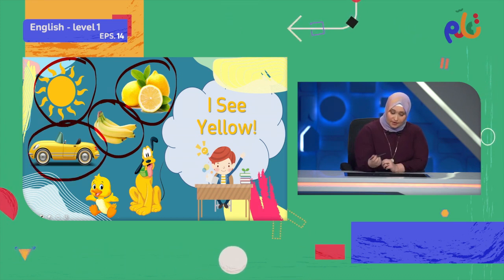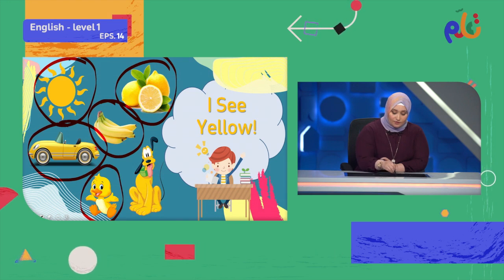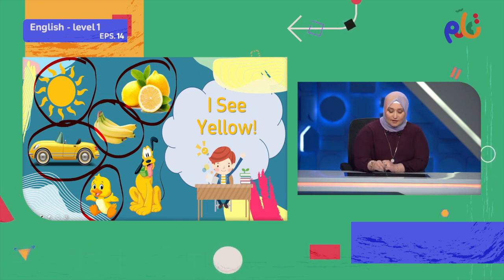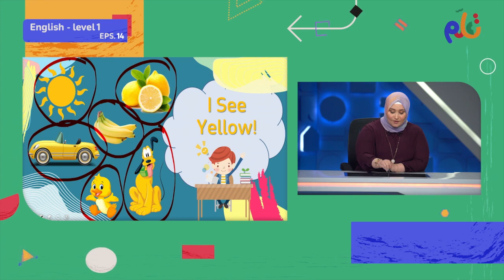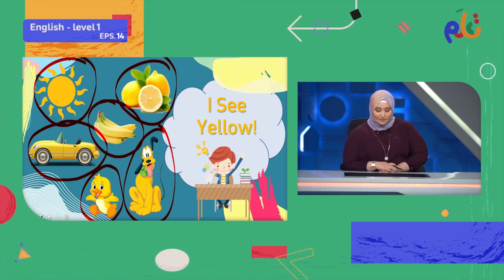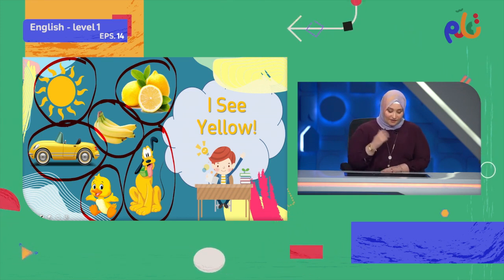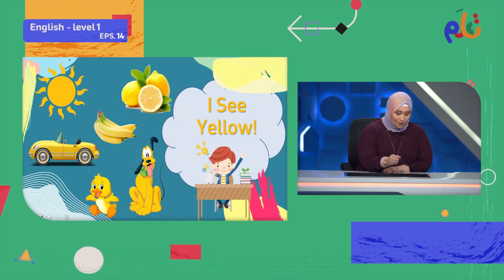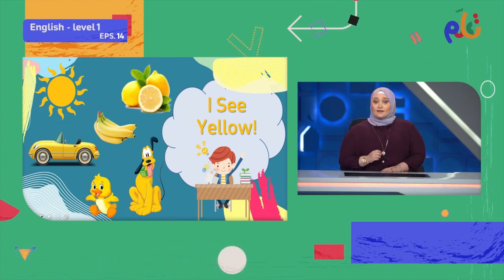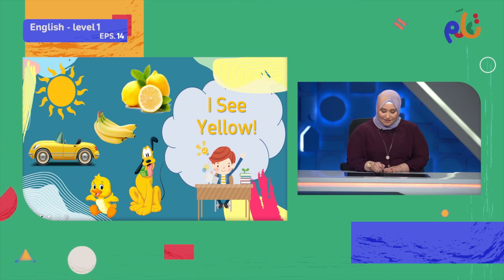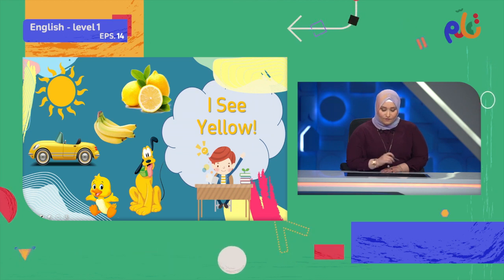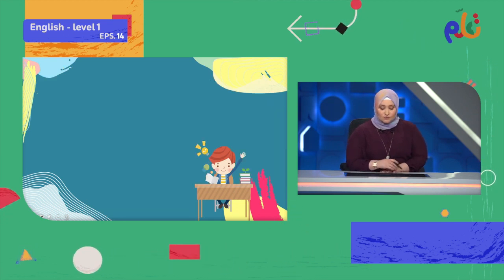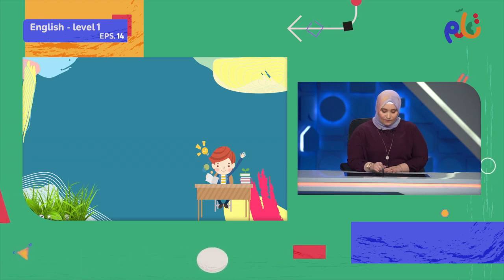We could see a yellow car, a very cute yellow duck, and the yellow dog. I can't remember his name right now, but he's one of Walt Disney's characters. Okay, all of these items are yellow.